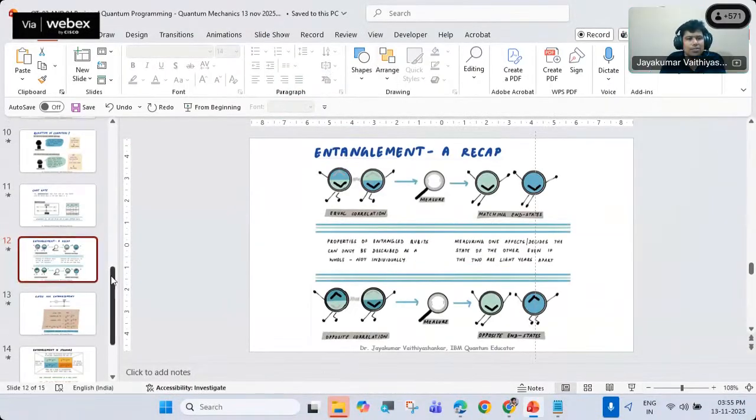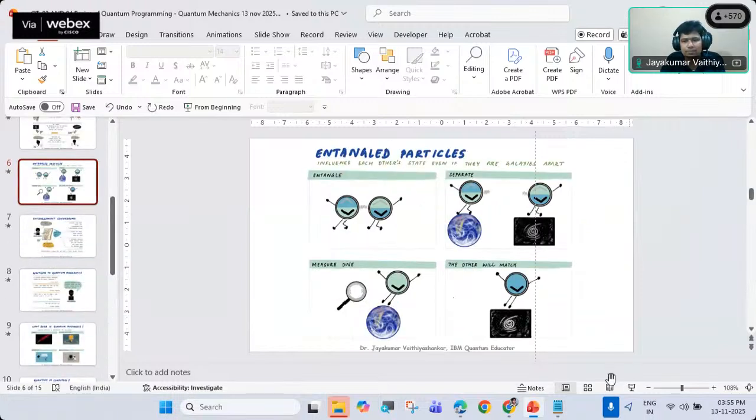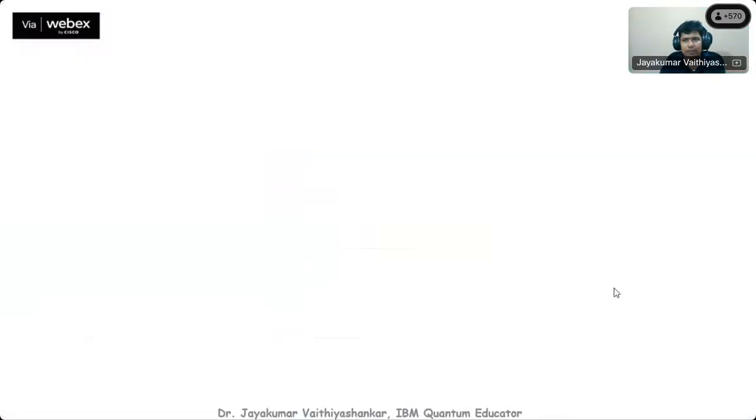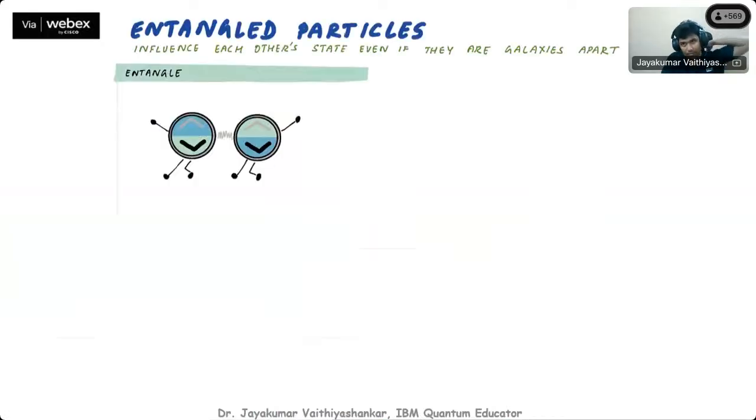So try to understand superposition and entanglement. Look at this. Superposition you can find in one quantum particle. If you want to create entanglement, you need to have two or more quantum particles. Whatever happens for one quantum particle, the same effect you can see in another quantum particle.